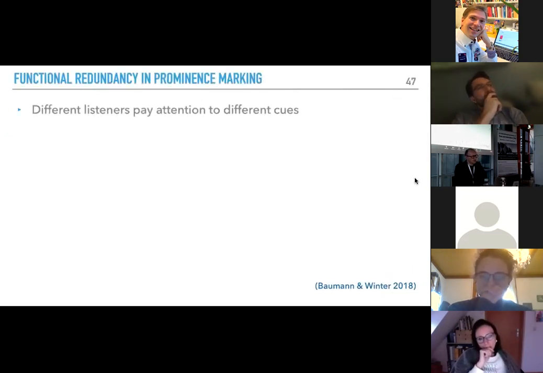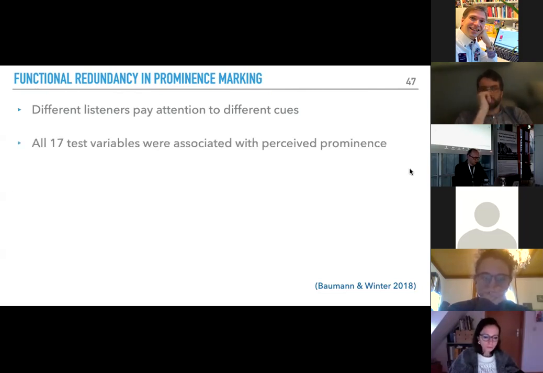Still, our RPT study showed that different listeners just pay attention to different cues. And this is why it's important that a multiplicity of cues is available, so that one potential cue can serve as a backup for another one.